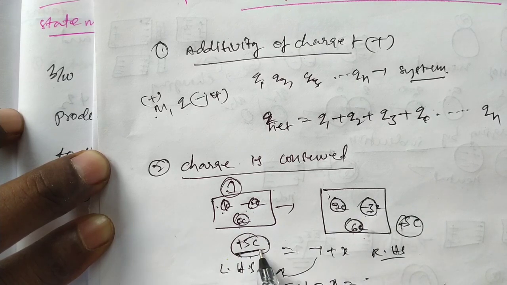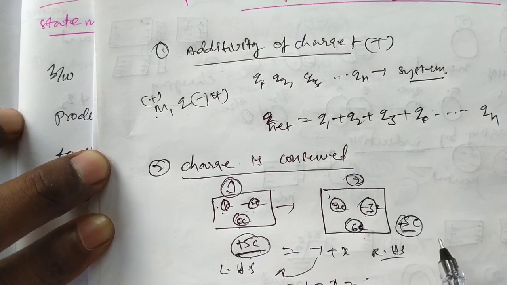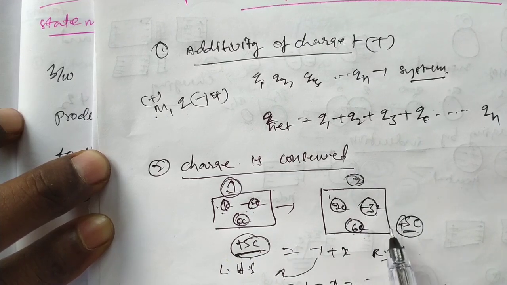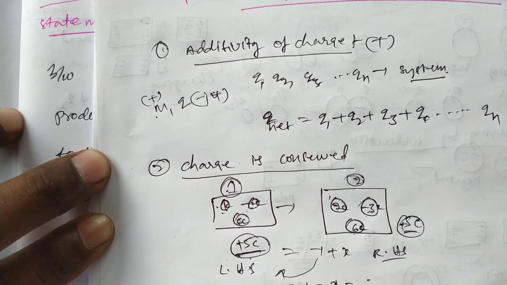The first body has 5 coulombs and the second body also has 5 coulombs, so the charge is conserved. Next property of charge is quantization.